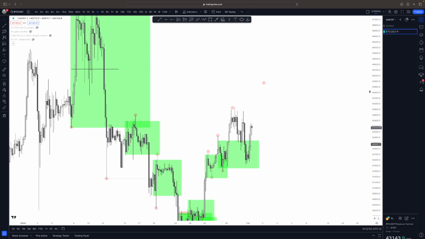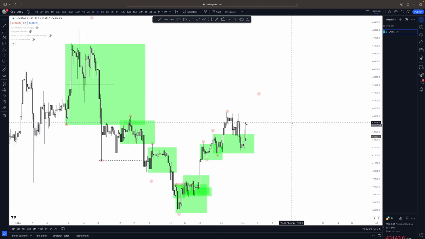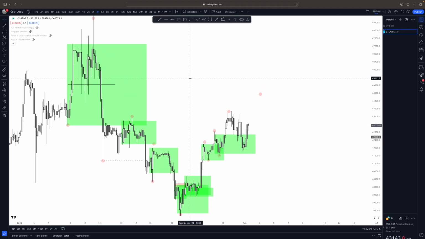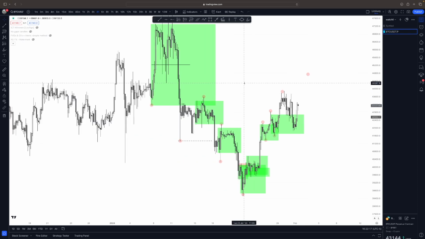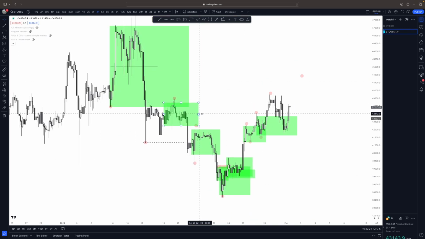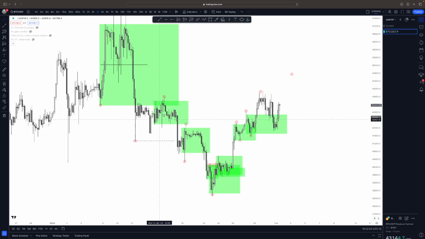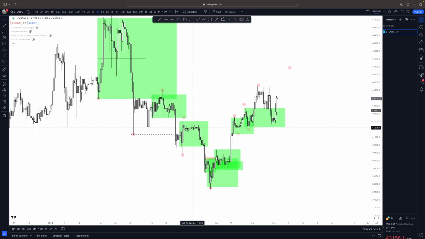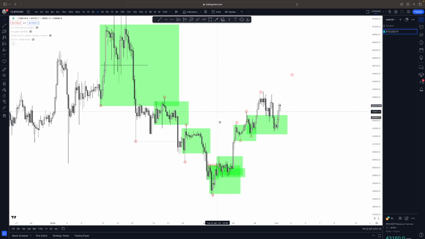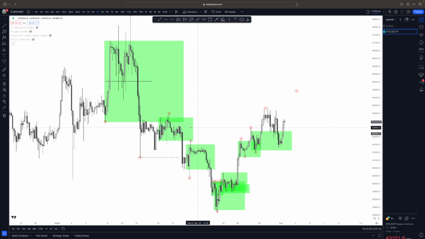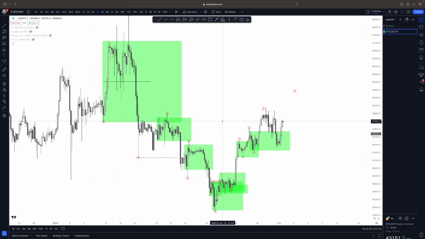So these are supply and demand zones, how I use them during my technical analysis. I do have to say this is a very basic way of drawing them in. As you can see, they are exactly the same and are large in size. Most of the time I fine tune them down towards one time frame lower.